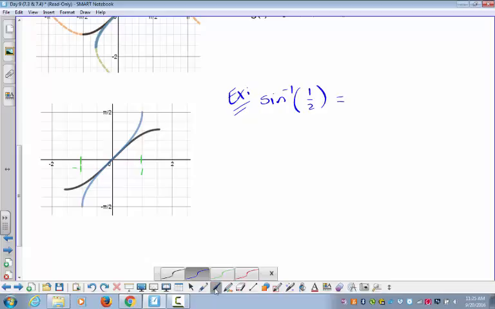If you think about the unit circle, that means it's on the right side of the unit circle. So we're saying, what is the angle on the right side of the unit circle that has a sine value of 1/2? There is only one, and that's pi over 6. Every time you see an inverse trig function, it's an angle. Inverse trig functions are angles.